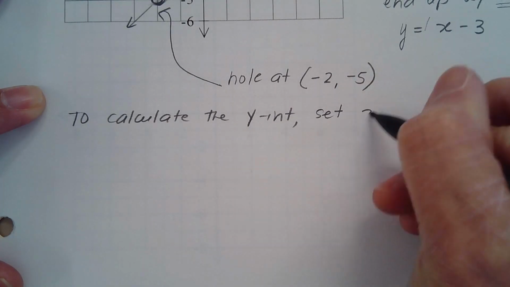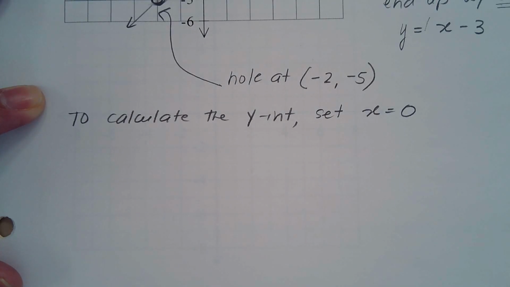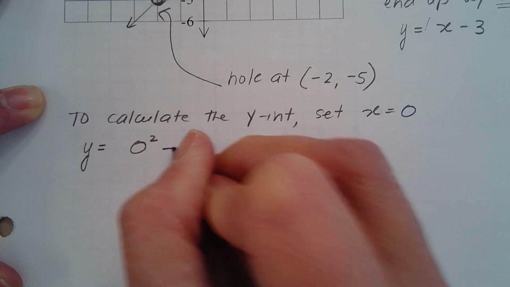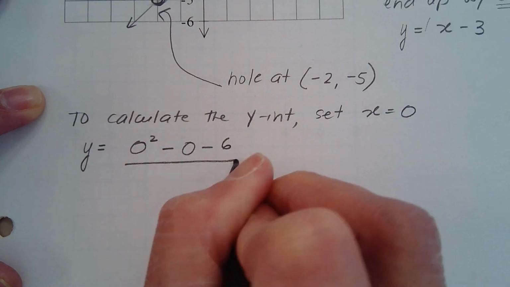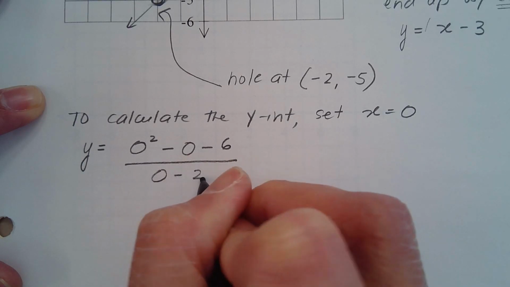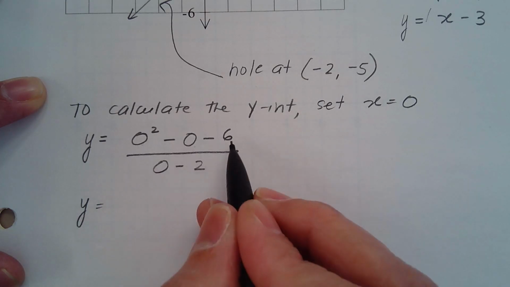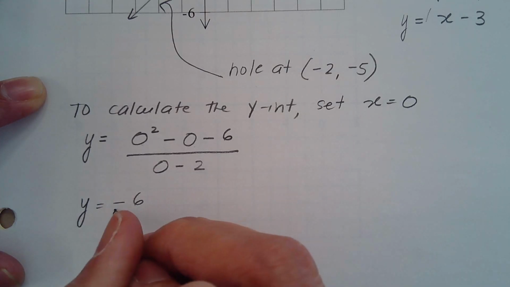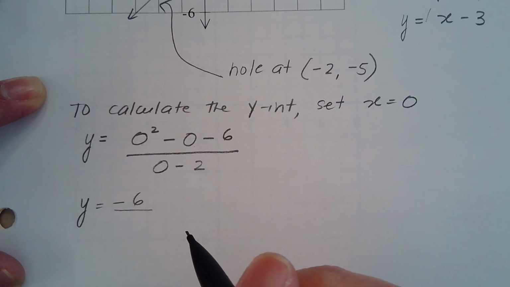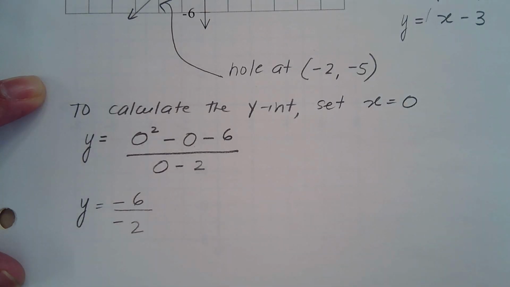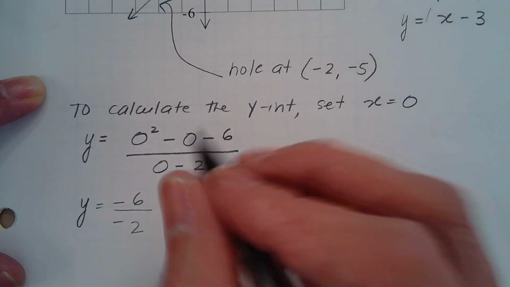We set x equals 0. So y equals 0 squared minus 0 minus 6 over 0 plus 2.